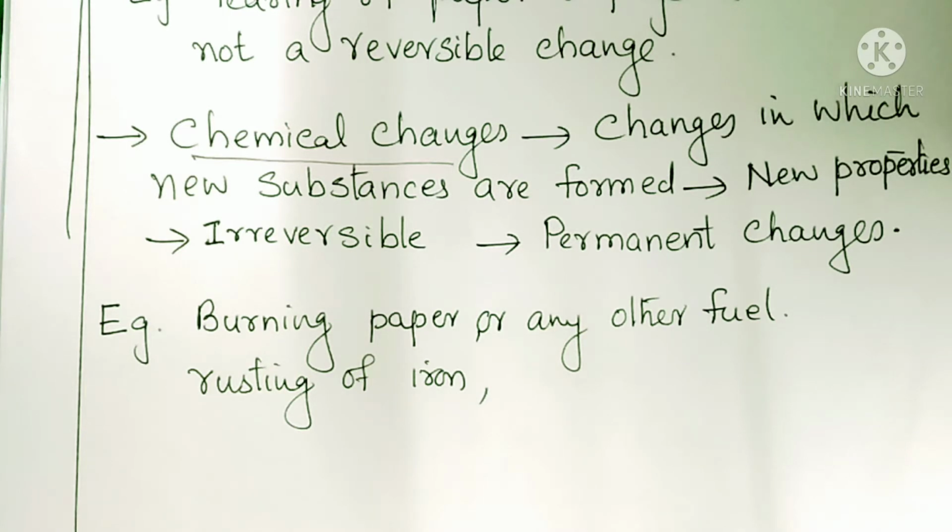That is because iron, oxygen and water combine and make a substance which harms the iron. Chemical formulas and all we will learn later on. That substance which is formed is called rust, R-U-S-T, and this process is called rusting of iron. Usually your cycle gets damaged when rusting happens. The iron will lose its strength. These are all chemical changes.